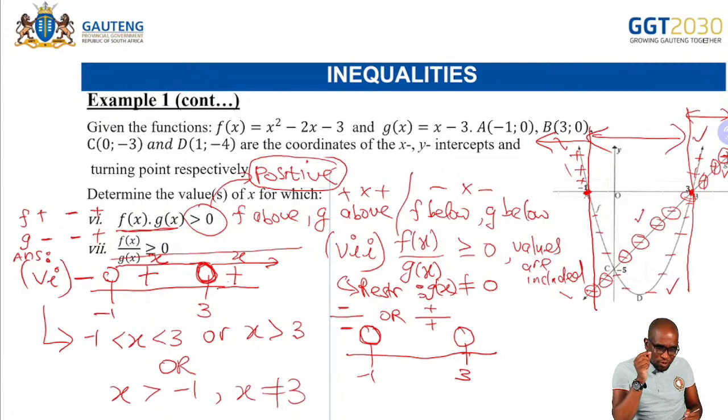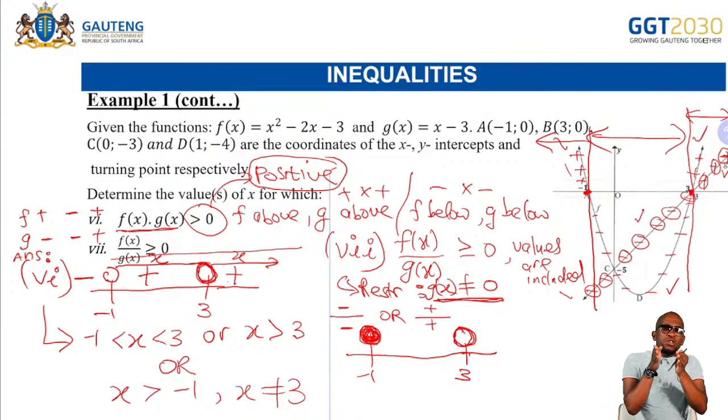So in order to trace that, we also have a restriction. g of x should not be equal to 0. Let's locate where g of x is equal to 0. Where is the straight line intersecting the x-axis? The straight line intersects the x-axis at 0 and 3. So this value would be included, but this will remain excluded. I will explain that again.